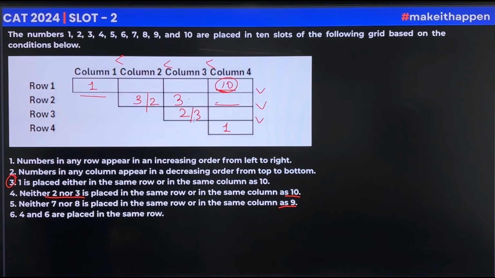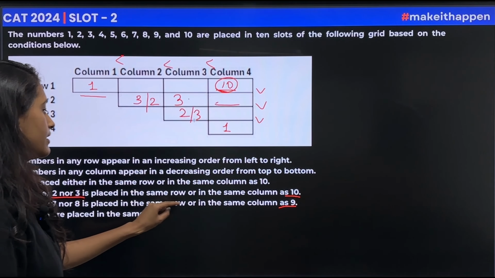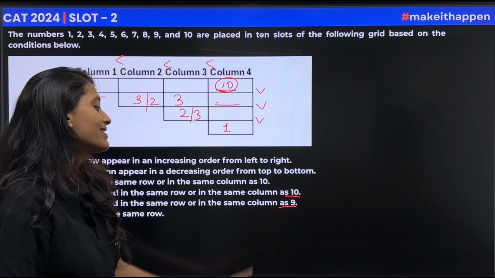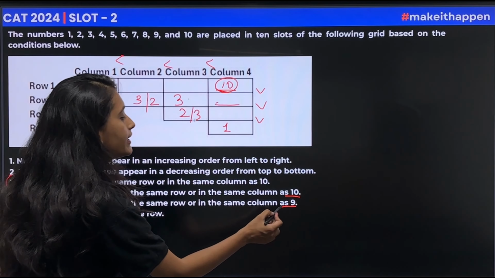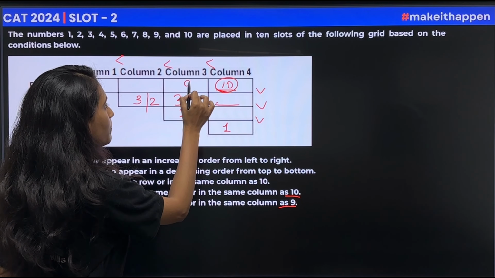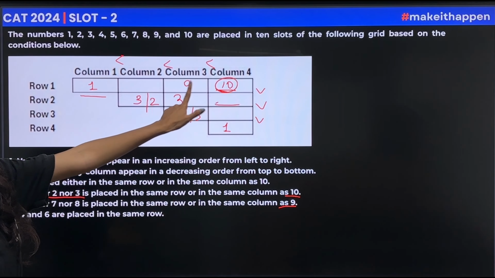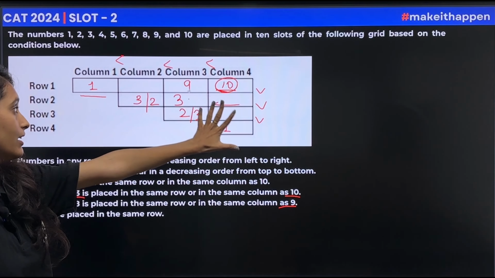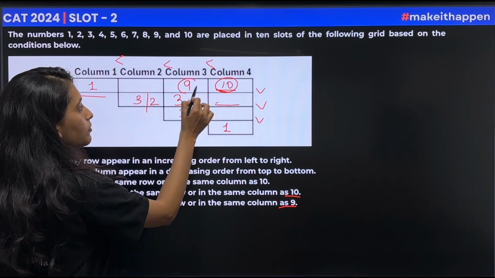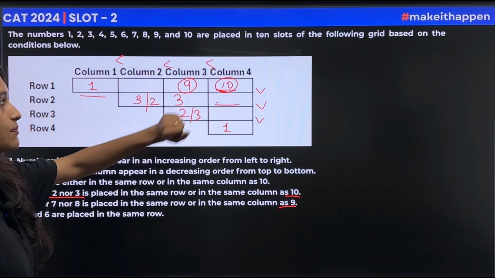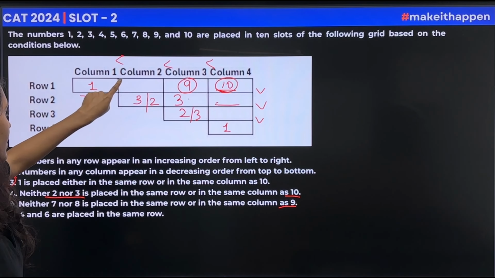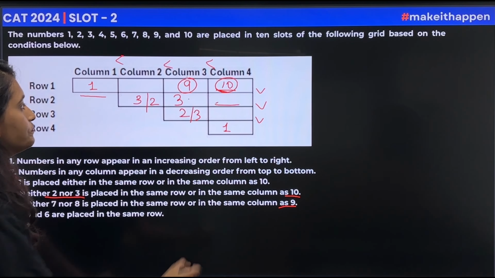Okay. Now, we are told that neither 7 nor 8 is placed in the same row or in the same column as 9. Now, if I take 9 to be present here, because 9 is a number that is less than 10, so I can say that 9 can be placed here. If 9 is placed over here, 7 or 8 cannot come here.